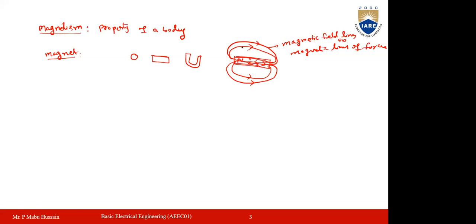Now, if you observe these magnetic lines of force, they are closed loops. You see here, this is one magnetic line, looking like a closed circle or closed loop, right? And these magnetic lines look like a stretched rubber band. If you stretch a rubber band, in a similar way these magnetic lines also behave.